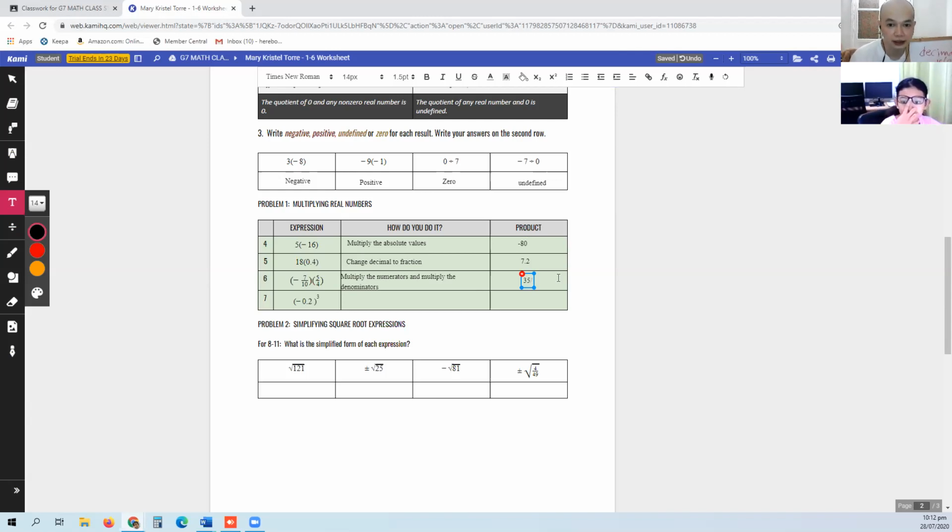Yes. 40. That's the answer. Okay, now the same thing here. Change decimal to fraction. Change decimal to fraction.